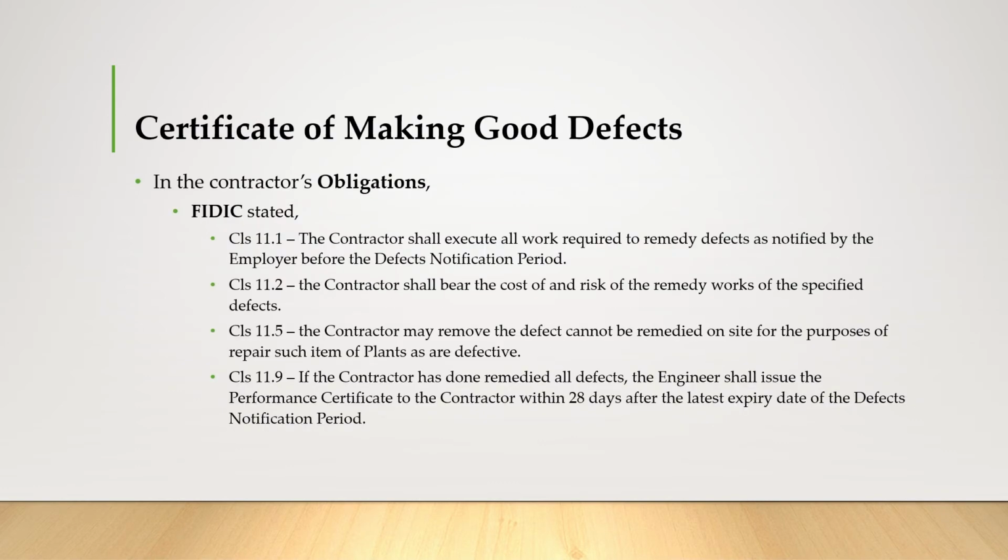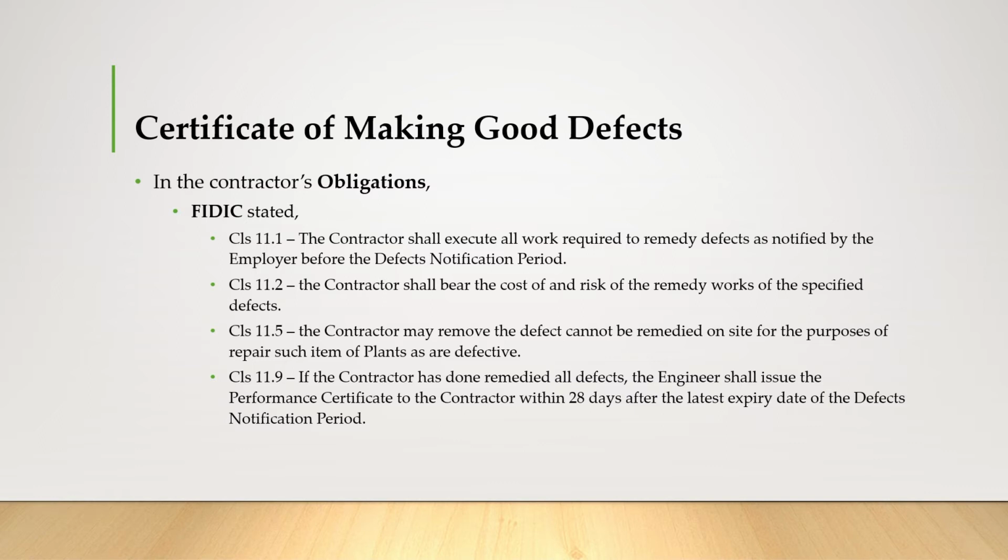In FIDIC, the contractor's obligation is stated in clause 11.1. The contractor shall execute all works required to remedy defects as notified by the employer before the defects notification period expires. Also in clause 11.2, the contractor shall bear all the costs and risks of the remedy works of the specified defects.